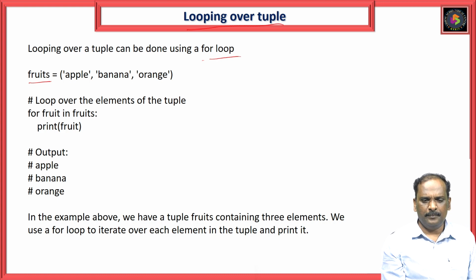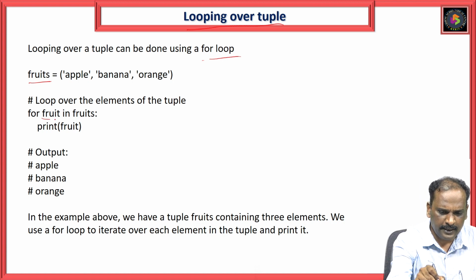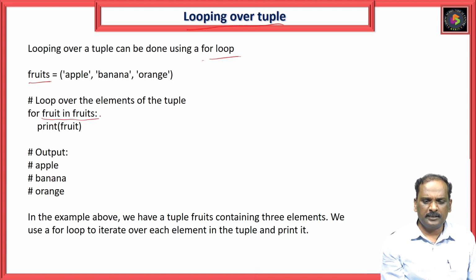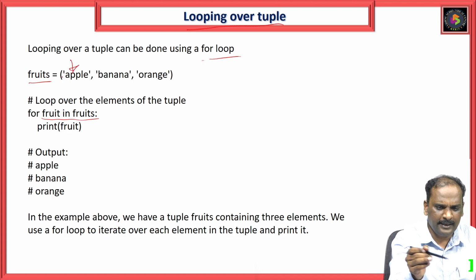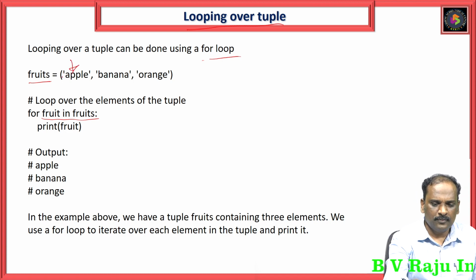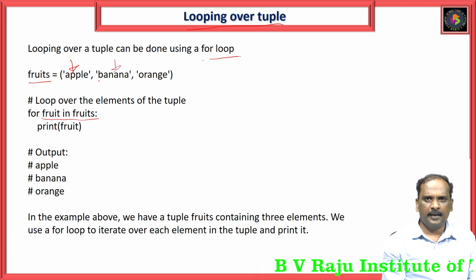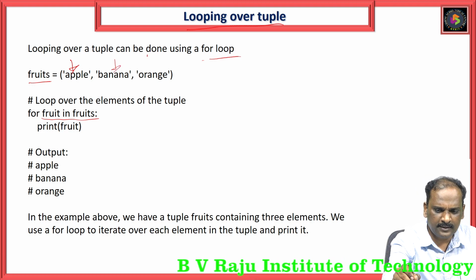We access the elements of the tuple fruits individually by iterating over the tuple with the for loop. So here, for fruit in fruits. What is the first fruit it contains? Apple. Now what is the second fruit? Banana. Next iteration, what is the third element?